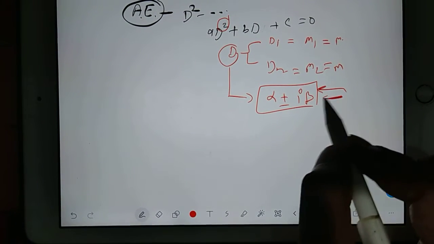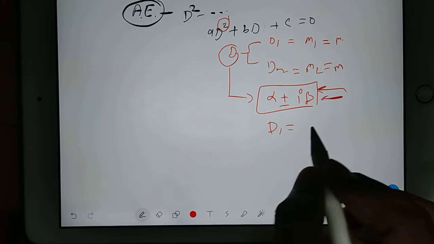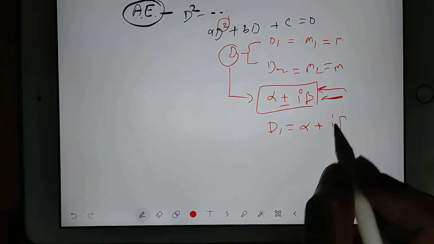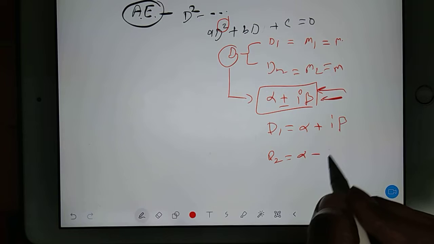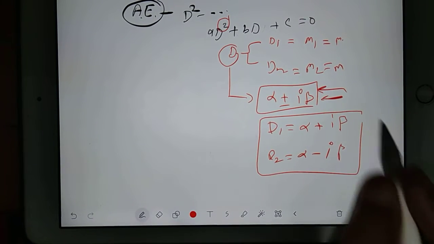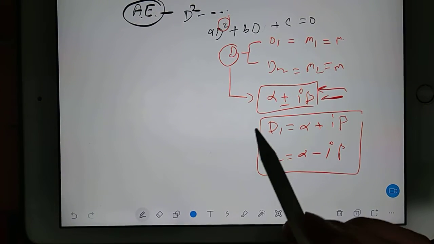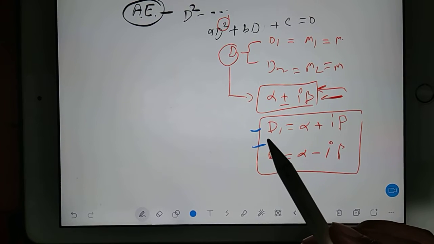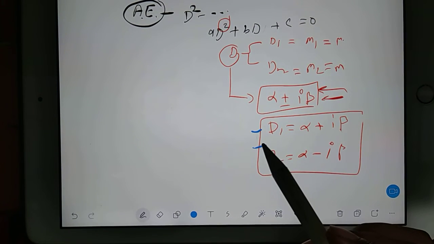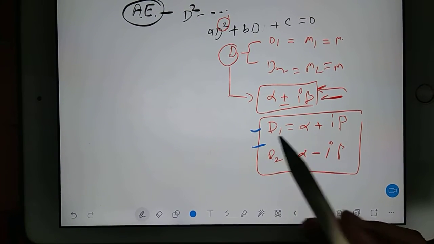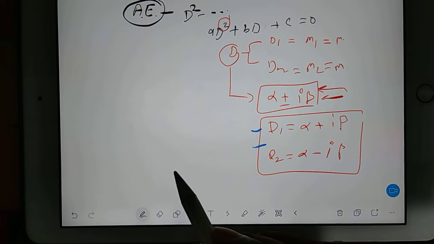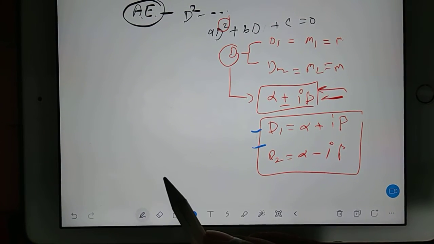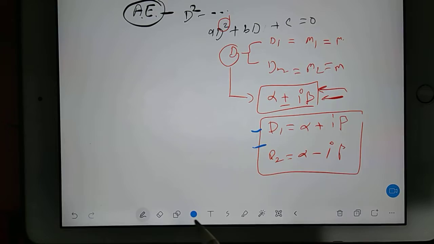D1 is alpha plus i beta, and D2 is alpha minus i beta. So when both roots are imaginary, how do you go ahead? For that purpose, you should remember the direct solution again.